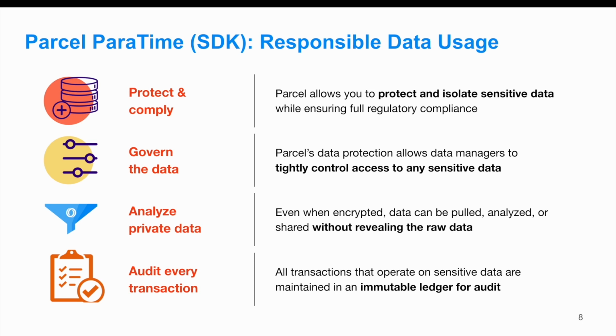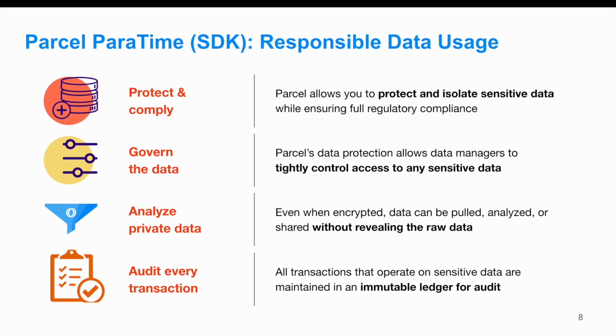So you can have, for example, data managers who can control access to sensitive data. You can also analyze data even if it's encrypted, so the data can be pooled and analyzed without even sharing the raw data. That's amazing.